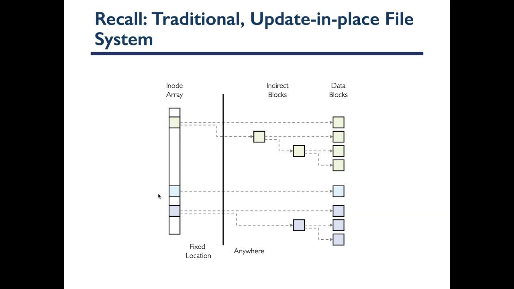Now, if you want to do what I just said, creating a different copy of your file system every time you make an update, so you're going to just make a copy of everything that you're going to change, your inode array included, so you can't really possibly have this in a fixed place.